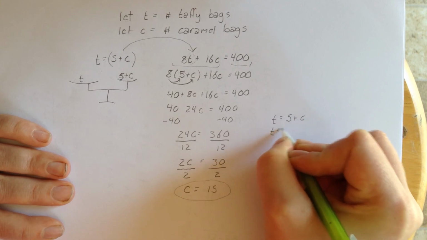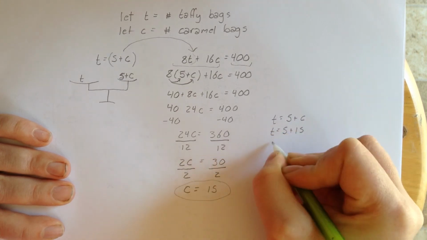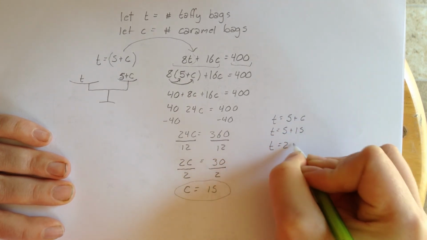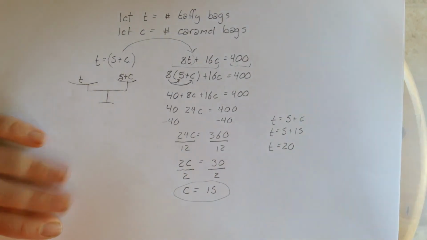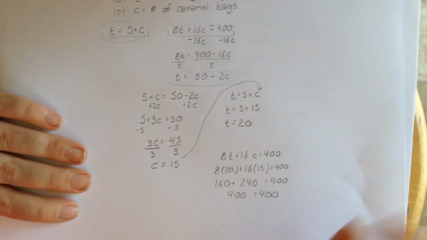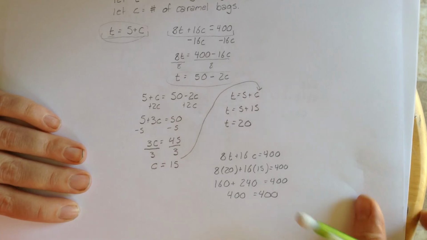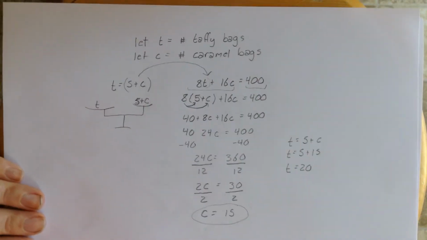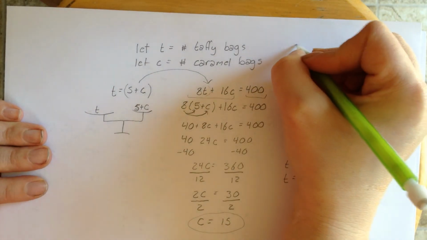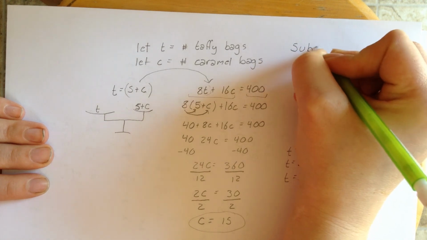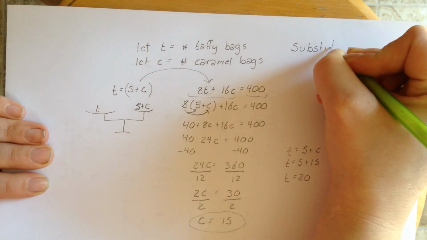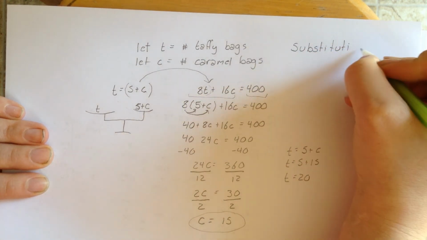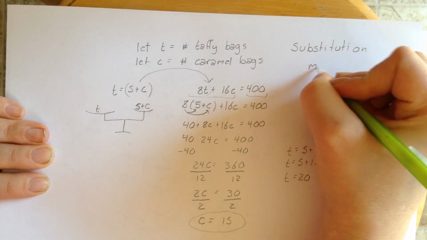So t would equal 5 plus 15. So t would equal 20. And I already did the check back on my first page to show that those two values did in fact work. So this, in a nutshell, is the substitution method.